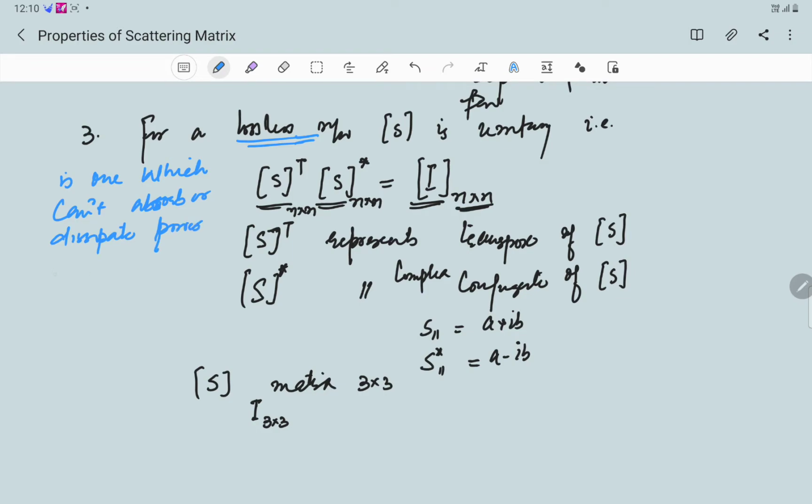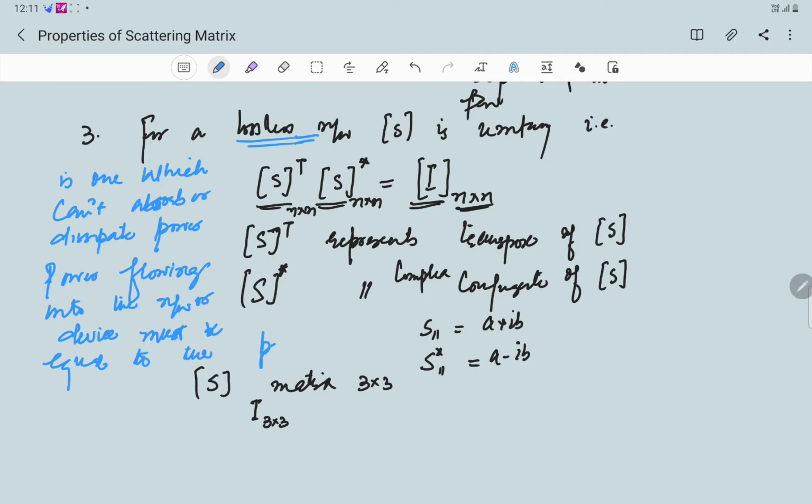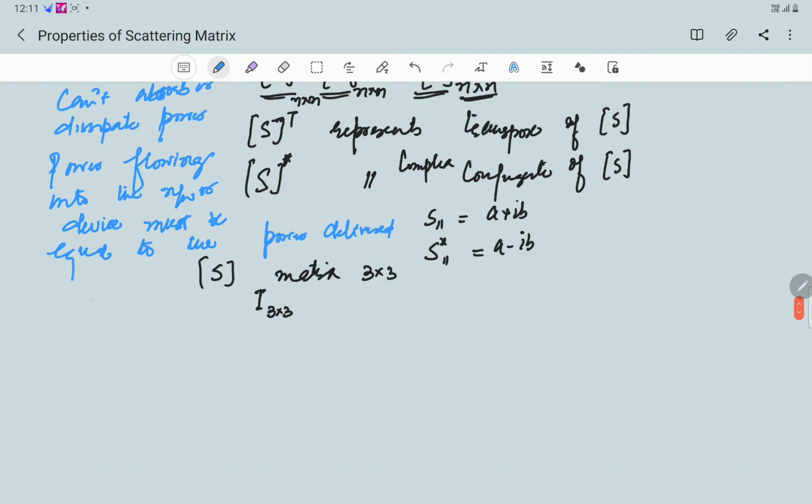That means the power flowing into the network or device must be equal to the power delivered to the other ports of the network, plus the reflected power. So this is what a lossless network means.